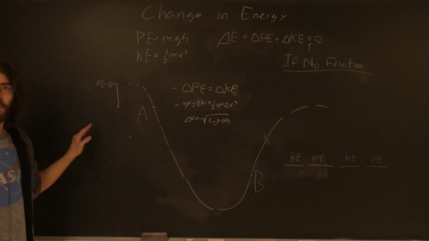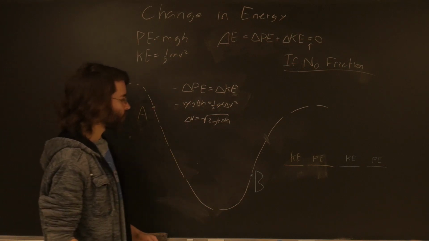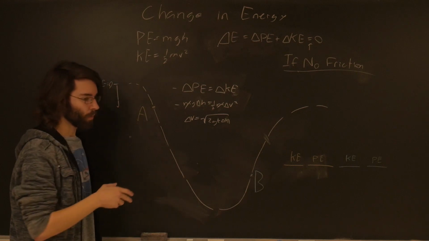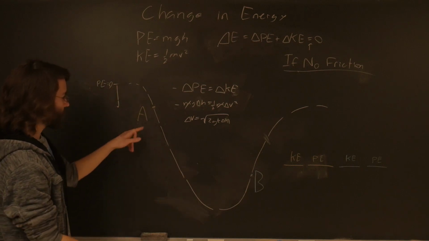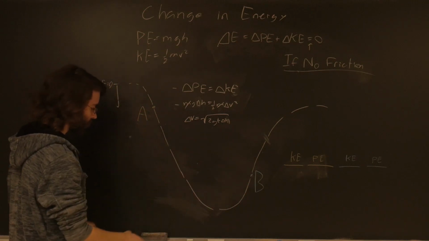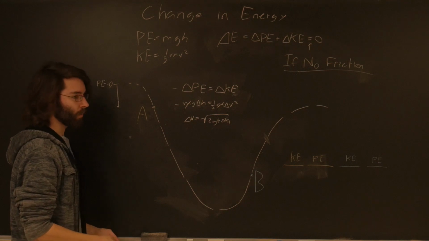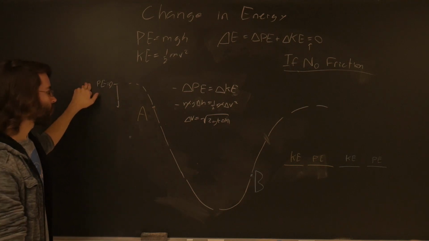So the last thing you will need to finish off your experiment is this bar diagram to visualize your kinetic and potential energy. So here I've labeled points A and B, where we'll be drawing the relative potential and kinetic energy. I've defined potential energy to be 0 at the top.